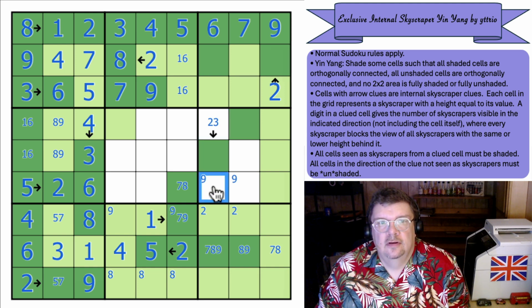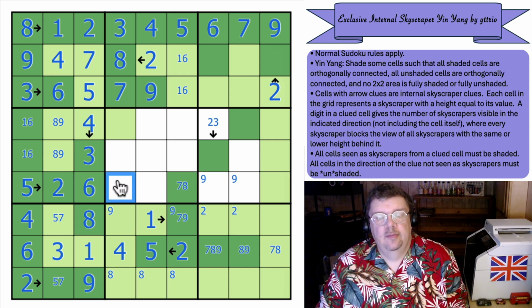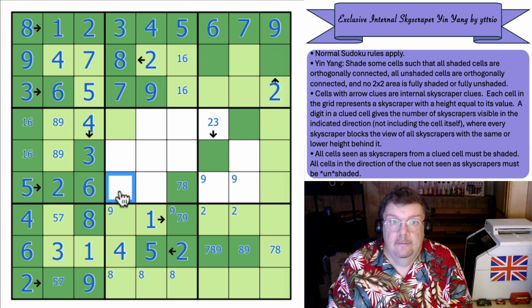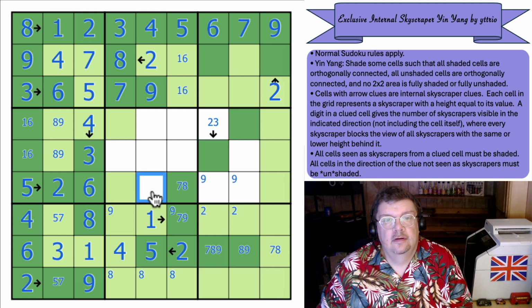If that's 9, okay, that can't be 7 or 8, so that must be unshaded.